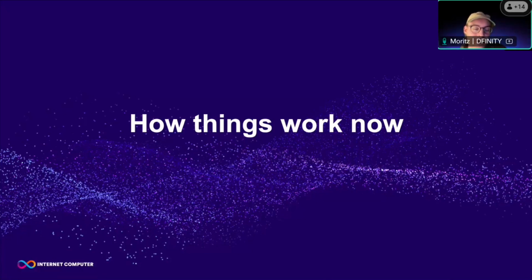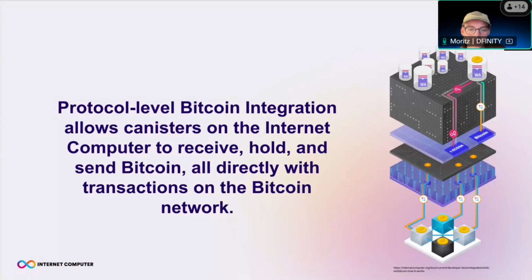So over the next couple of slides, we're going to take a look at the direct Bitcoin integration that the Internet Computer provides. So what do we mean when we say direct Bitcoin integration? In our context, direct means that there are no trust assumptions required, other, of course, than the correct functioning of the Bitcoin network and the correct functioning of the Internet Computer.